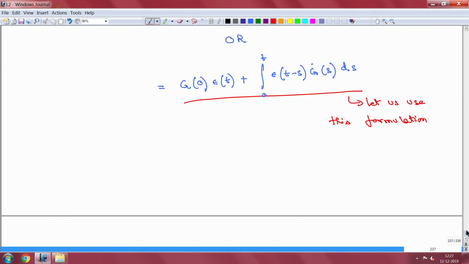And we already know that in order to get an expression for G double dash, we had assumed a particular form for the stress relaxation function.